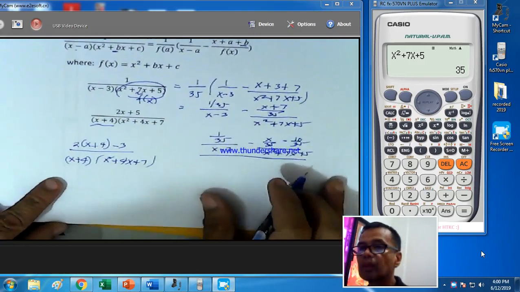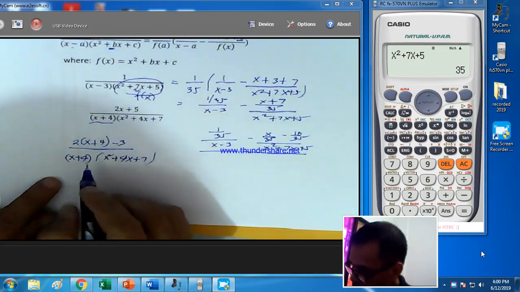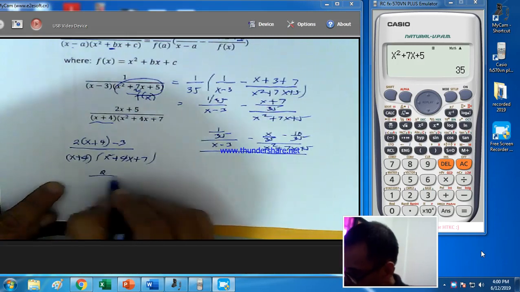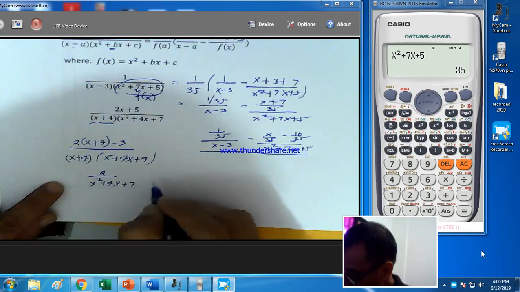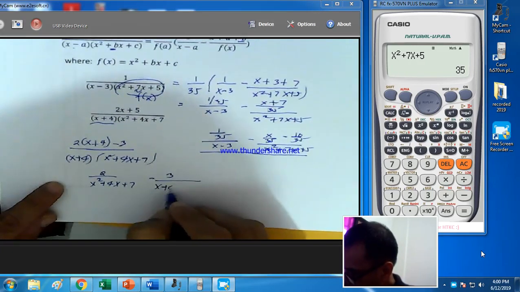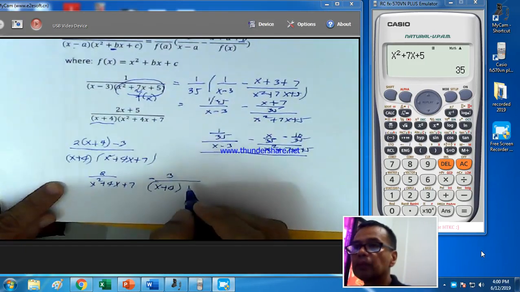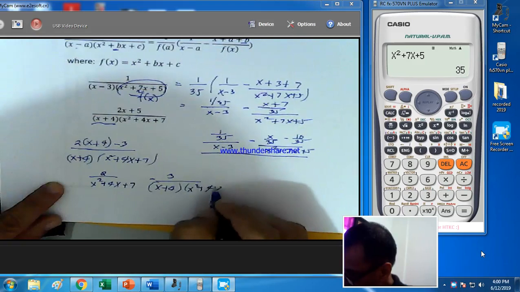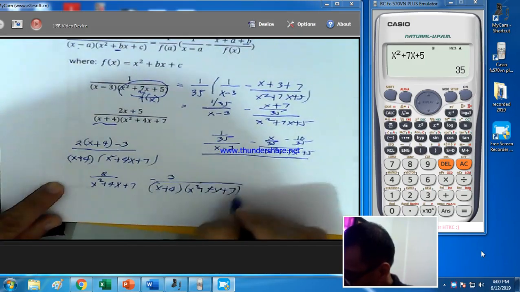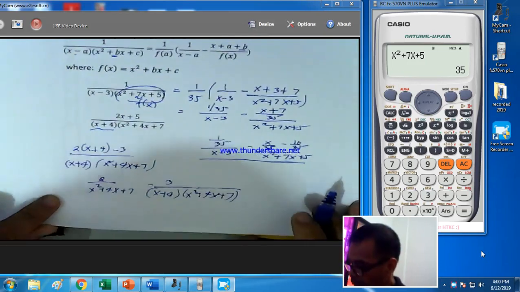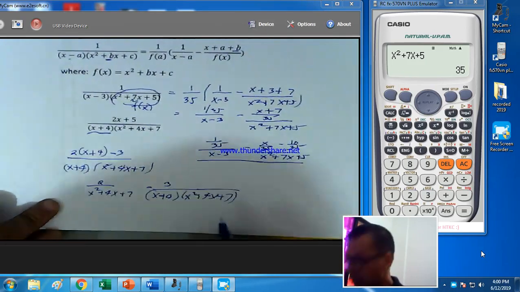Now you see, this x plus 4 will cancel out, right? That will just give you 2 over x squared plus 4x plus 7, minus 3 all over (x plus 4) times (x squared plus 4x plus 7). Now you see, we can use this concept again.